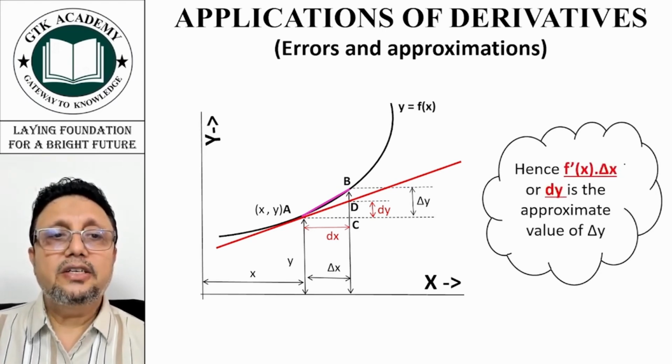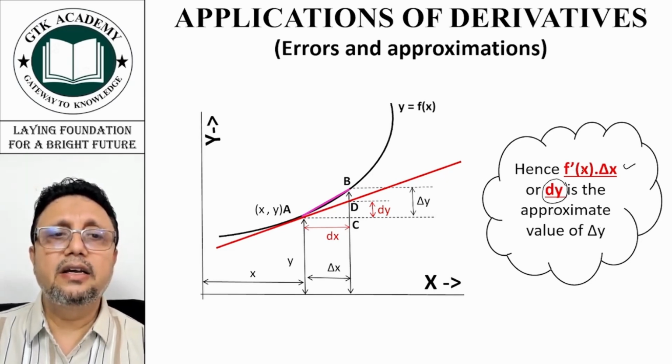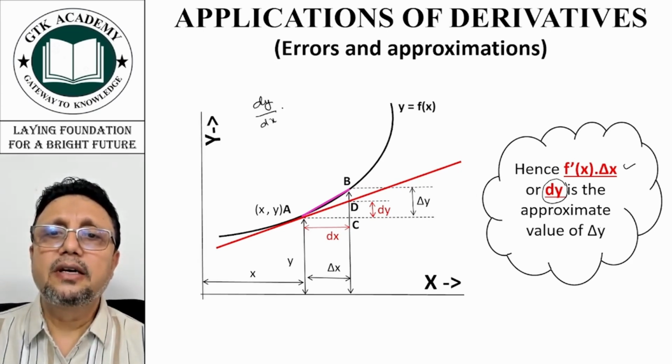So f dash x delta x or dy is the approximate value of delta y. Why are we writing dy? Because we told you that dy is the approximate value of delta y.